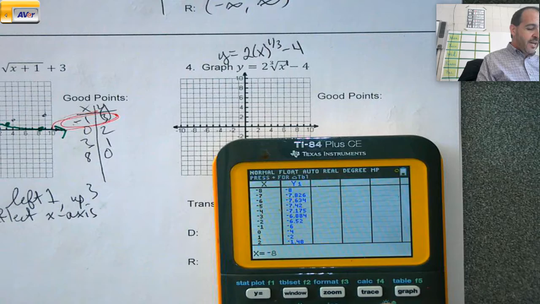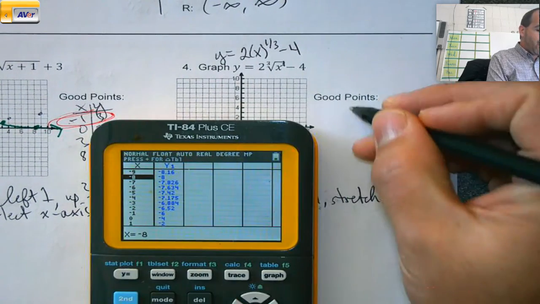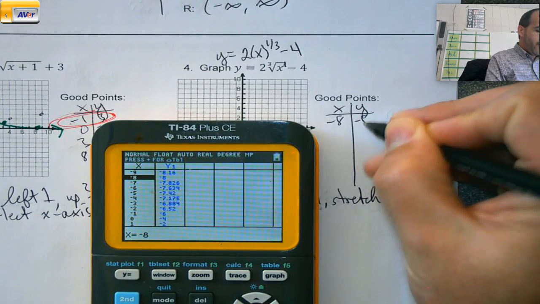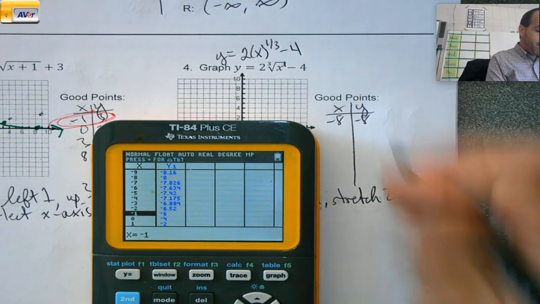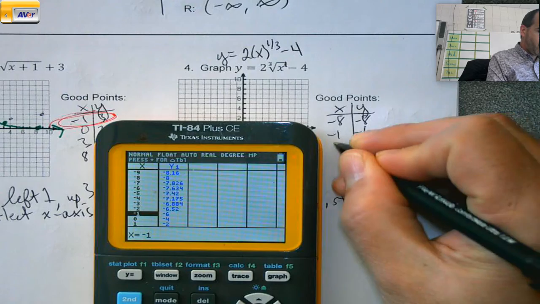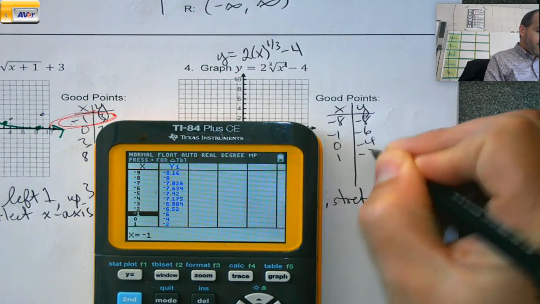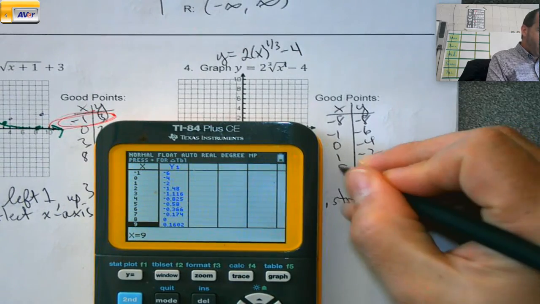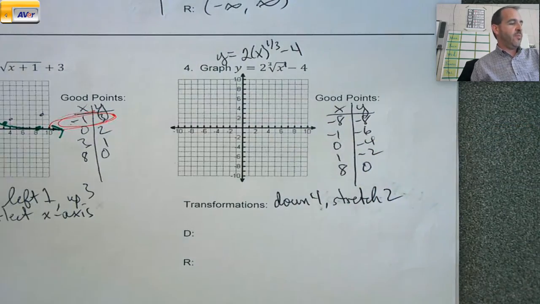So again, when you're looking for your points, what we're basically doing here is just going for good old whole numbers as best we can. And usually with cube roots, normally you're going to be able to find 5. It may only be 3 sometimes, but most of the time it's not.